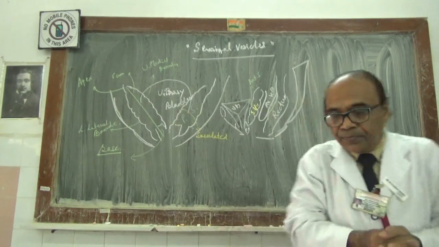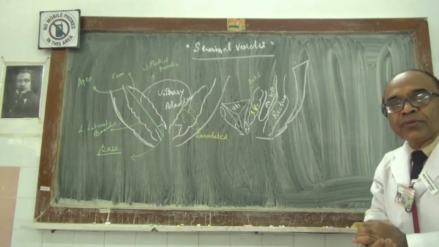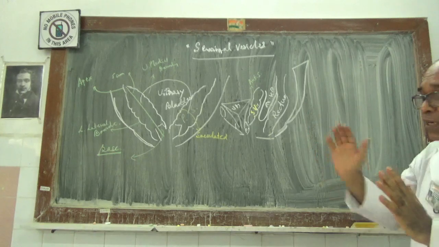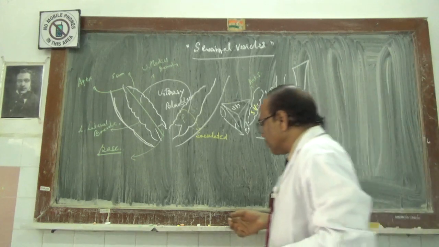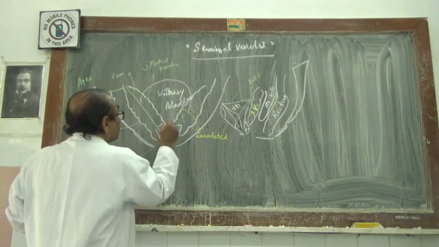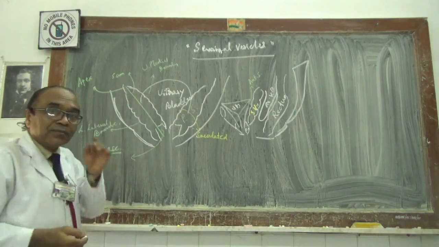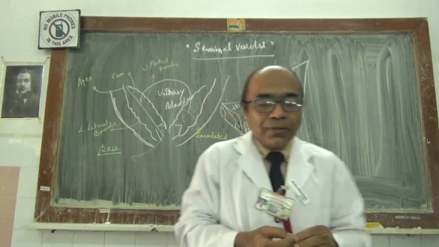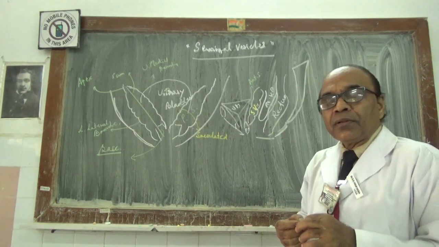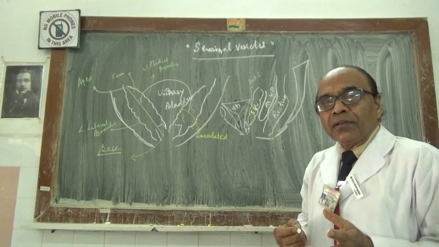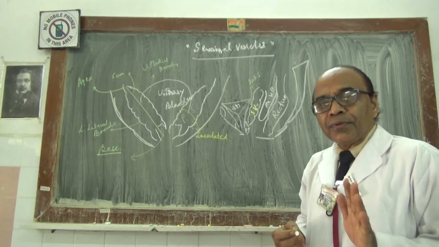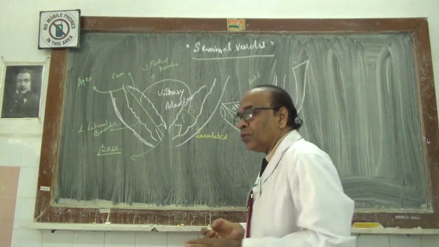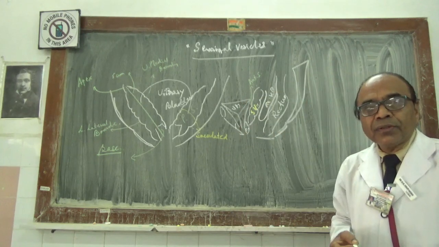Now before going to the detailed part of the seminal vesicles, you should know that this seminal vesicle is a genital organ in the male, which is compressed.